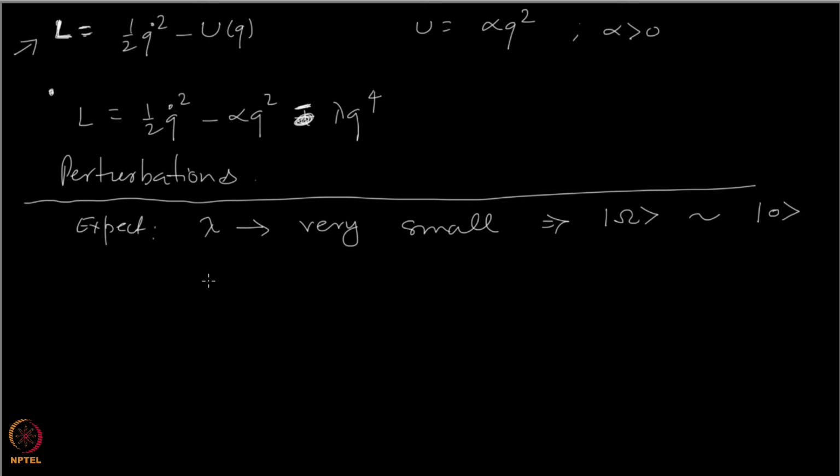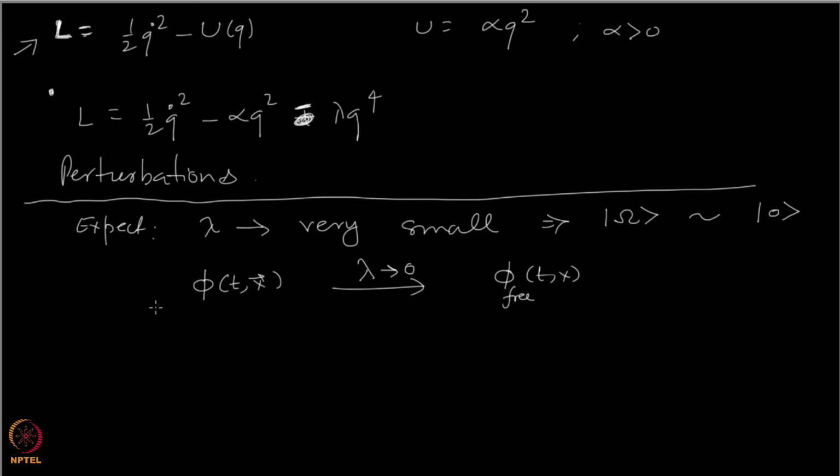And how about our operators? Our operators phi(t, x) should also behave like the operators in the free theory. So let me for the moment put a free here. As lambda goes towards 0, the operators in this theory should also behave like free operators. So that's the expectation.